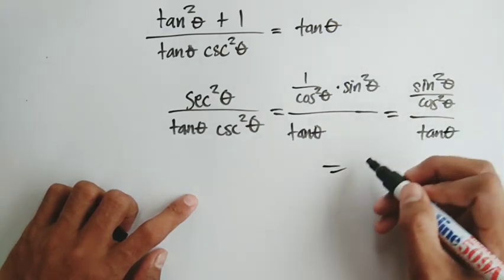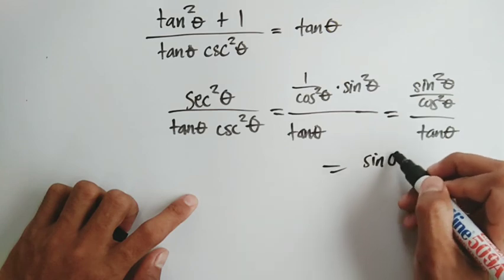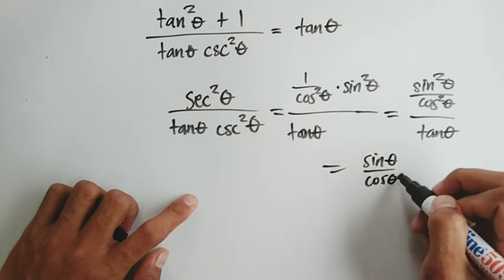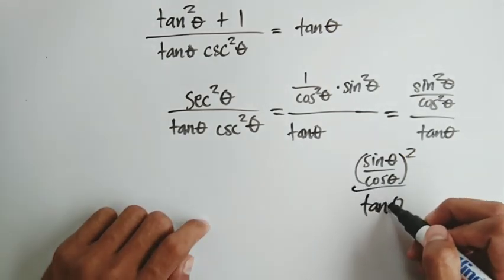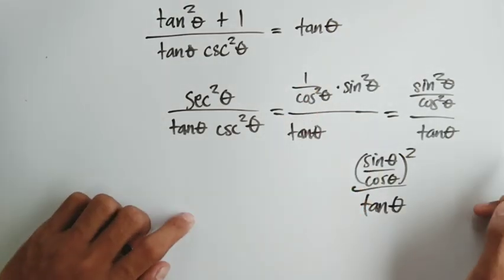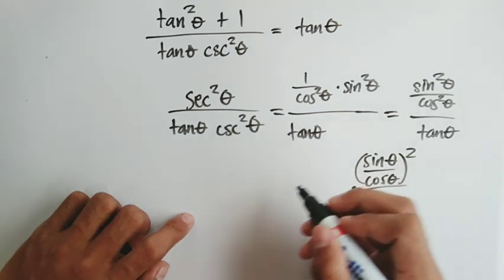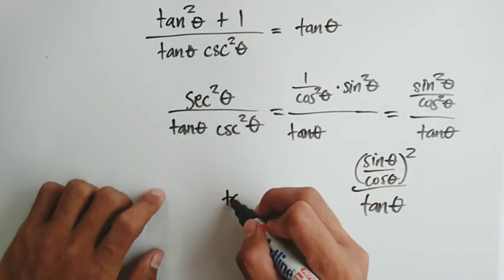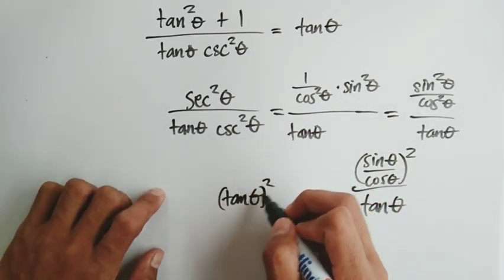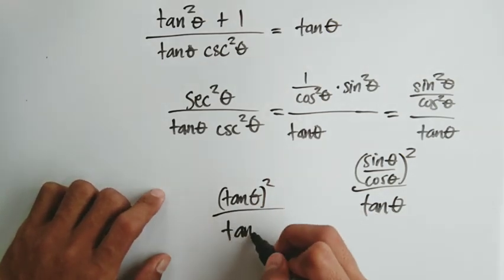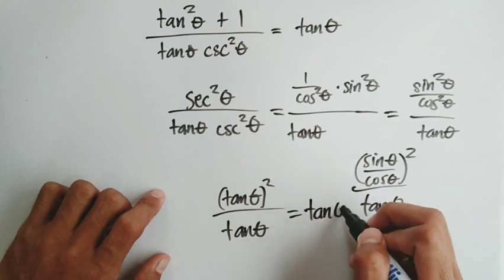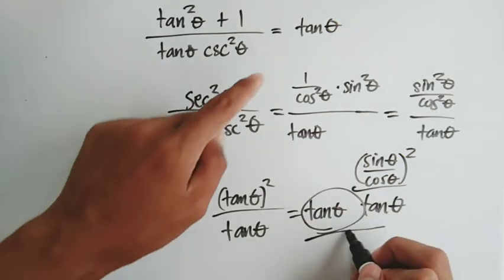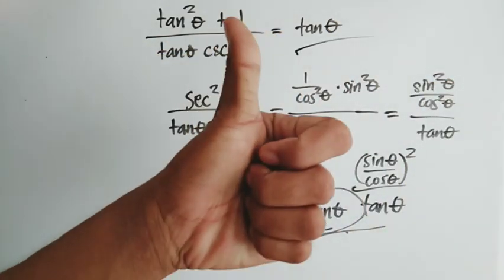And parehas yan naka-squared, pwede ko yun ilabas. Magiging ganito, squared. So copy natin yung tangent theta. And di ba ang sine theta over cosine theta is tangent theta? So tangent theta, then naka-squared over tangent theta. And makakancel yung tangent theta. Ano yung tira? Tangent theta isa. And parehas na tayo dito. So, verified.